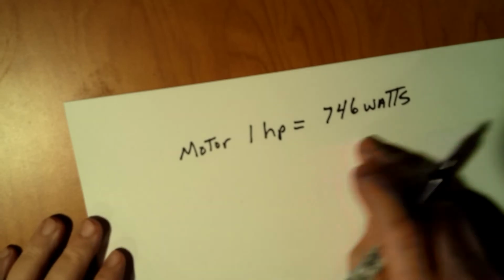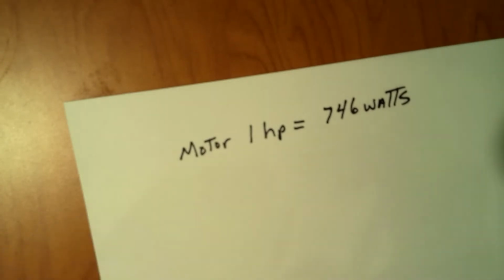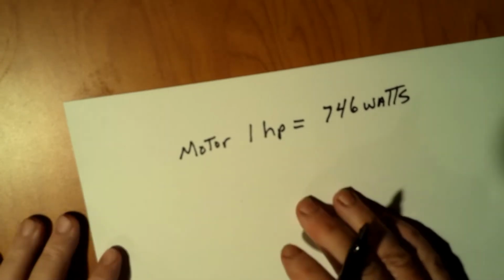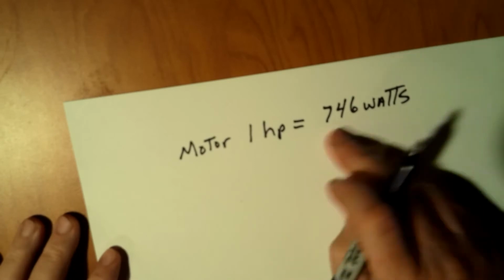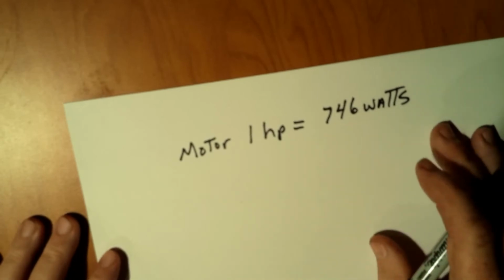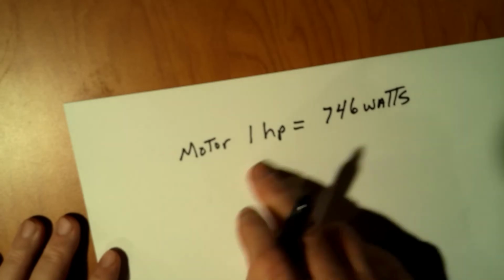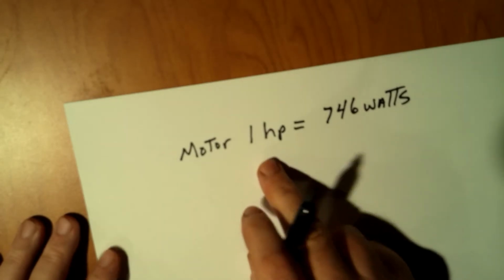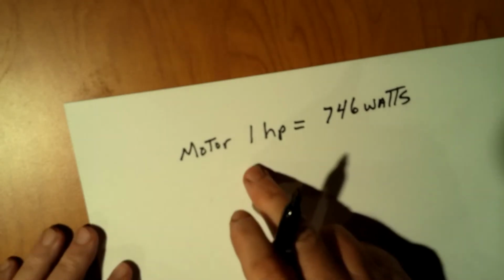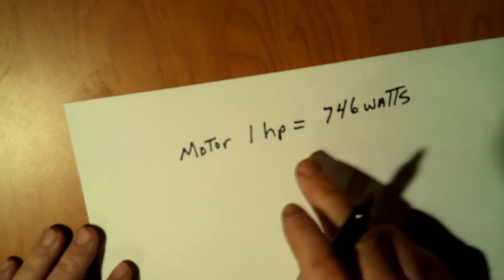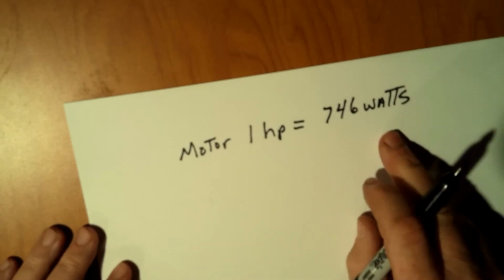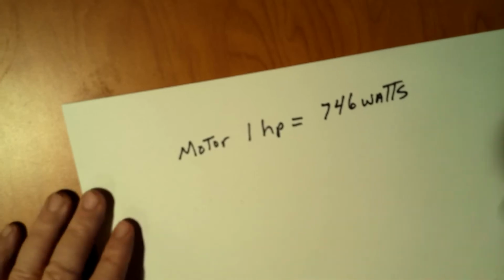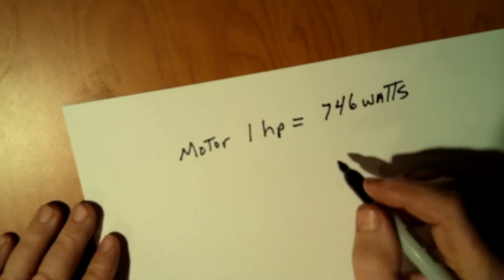Well, let's say you've got a carpenter and he's using a 1 horsepower motor on a saw. It's drawing 746 watts. Now the truth is that motor draws more wattage to start than that, but it's going to average out to 746 watts.